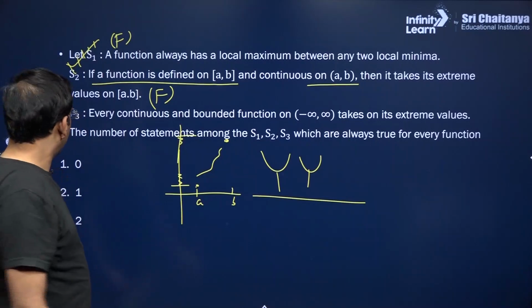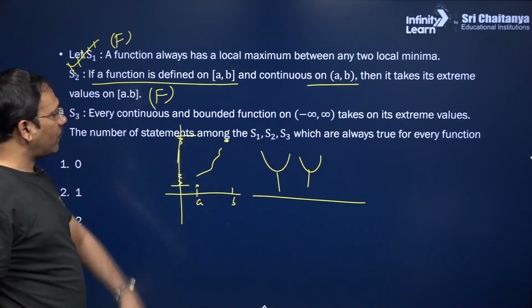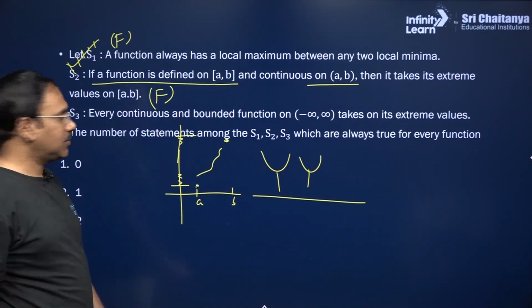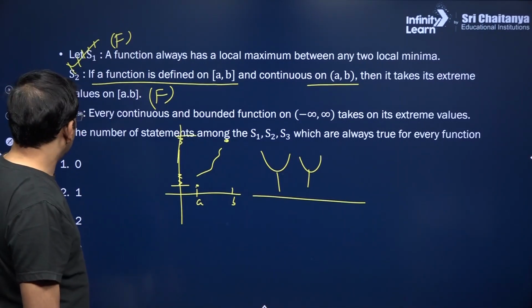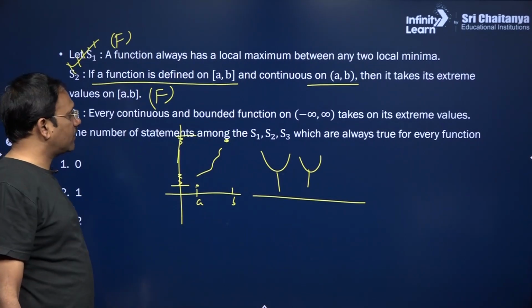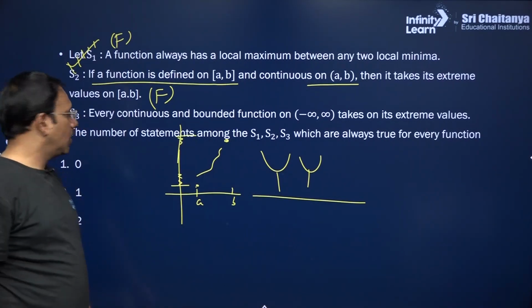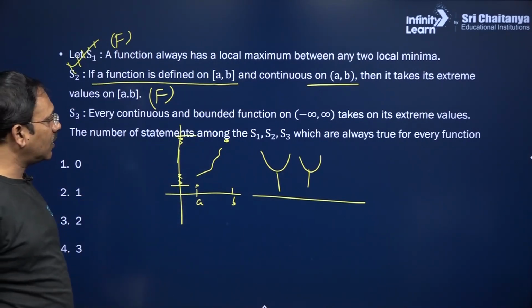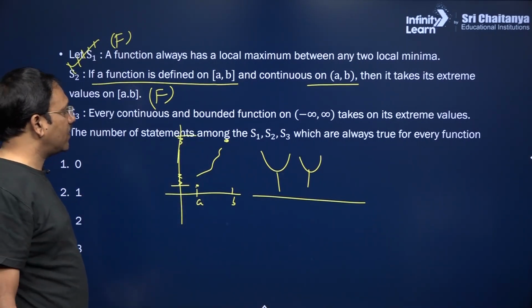Next my dear friends, every continuous and bounded function on minus infinity to infinity takes on its extreme values, okay. The number of statements among S1, S2, S3 which are always true. You see every continuous and bounded function on minus infinity to infinity takes on its extreme values.